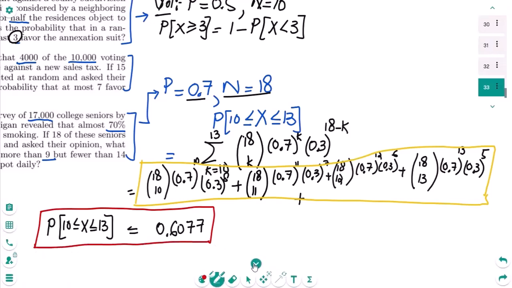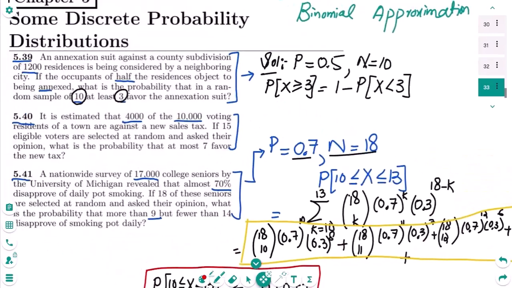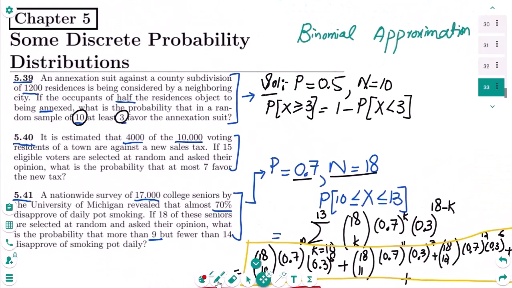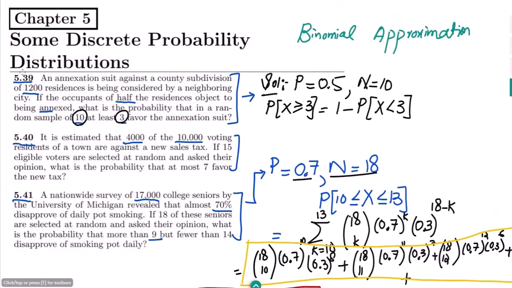That is basically the solution of questions 5.39, 40 and 41. In all of these questions we have seen the application of the binomial approximation. So that's it for today. If you guys have any question, you can ask me in the comment box.